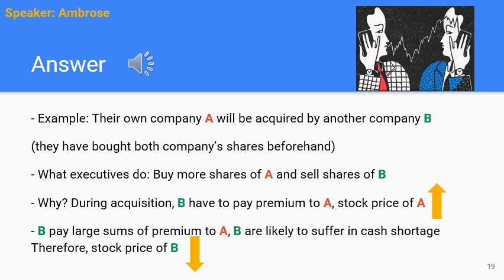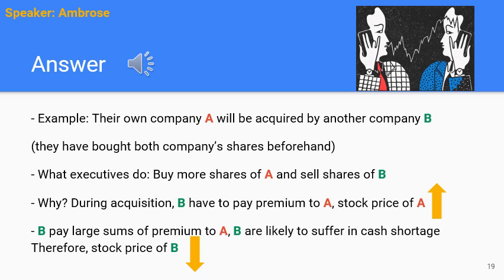One of the examples is that they heard a piece of inside information saying that their company A is going to be acquired by another company B. Assume they have bought both companies' shares beforehand. When they heard the news, they will buy more shares of Company A and sell the shares of Company B. This is because, during an acquisition, Company B will have to pay an acquisition premium to Company A, which will increase Company A's stock price.